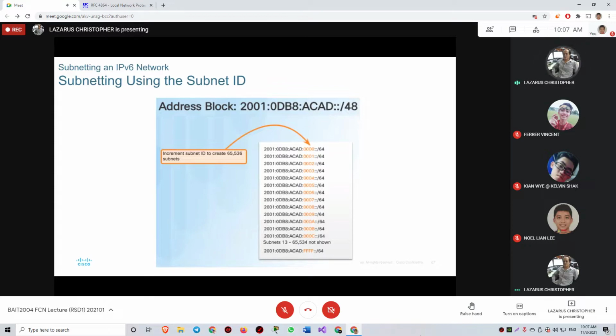They will not give you the whole 64 bits. They give you 48 bits, because the other 16 bits are given to you to allow you to create more than one network, to subnet. That's why the 48 bits belong to the global routing prefix, the one given by the ISP to you.